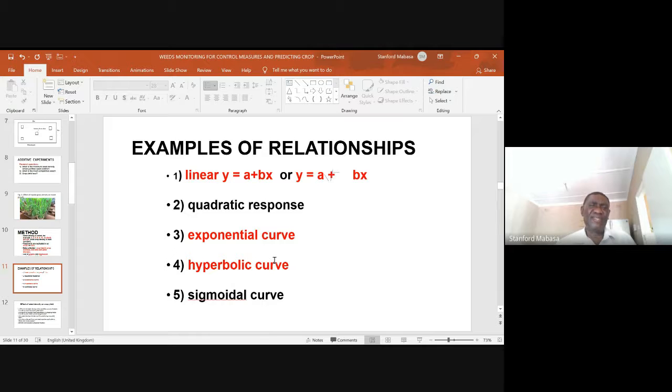Normally, we use regression analysis in these studies. For example, we can use linear, quadratic response, exponential curve, hyperbolic curve, or sigmoidal curve.